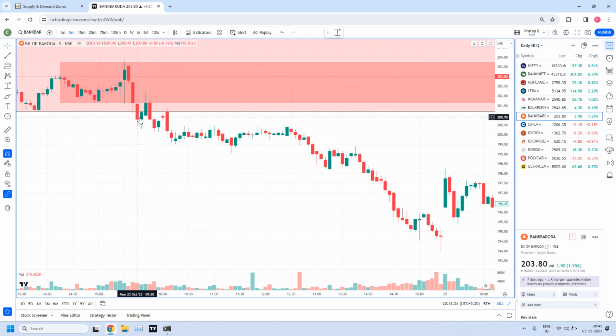Maybe two reasons. One is we ourselves created it, that is retail traders, because our order placement might have created this price action, and it looks like there is a rally based drop at 75 minutes.